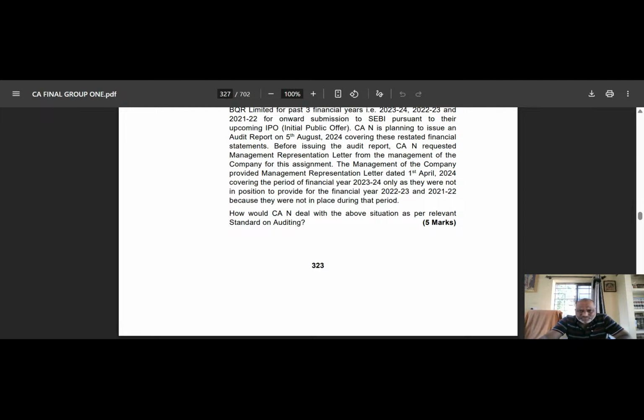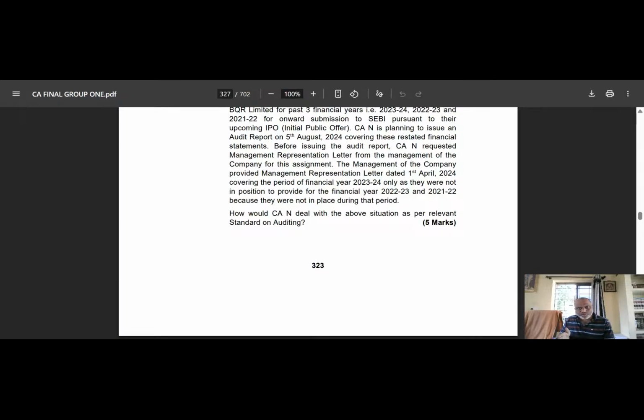For this, in the given situation, CAN is carrying out an audit of restated financial statements of BQR Limited for past three financial years, 2023-24, 22-23, 21-22.